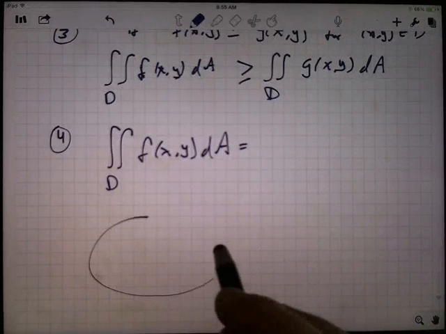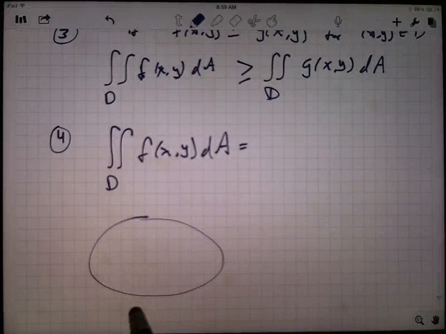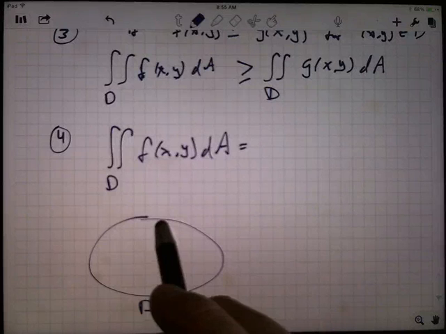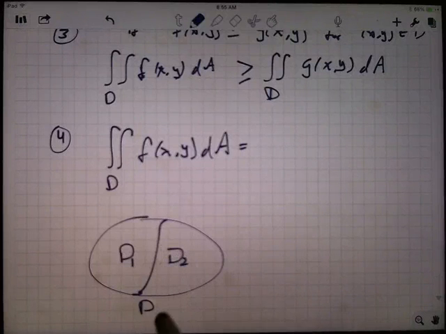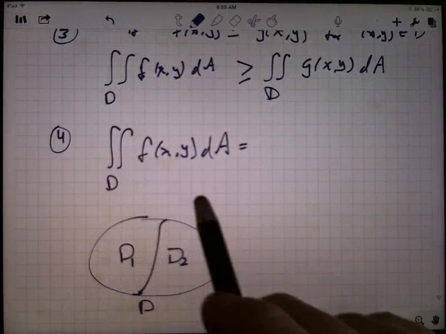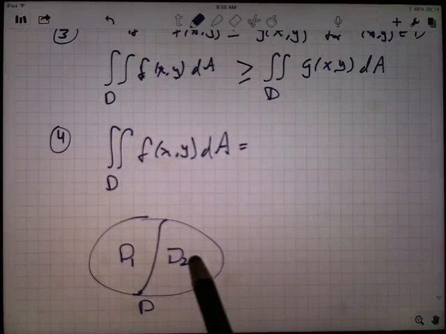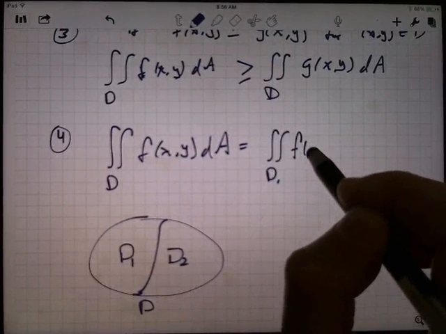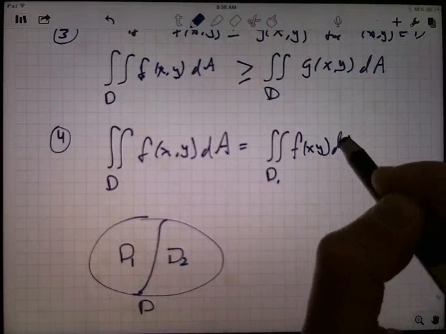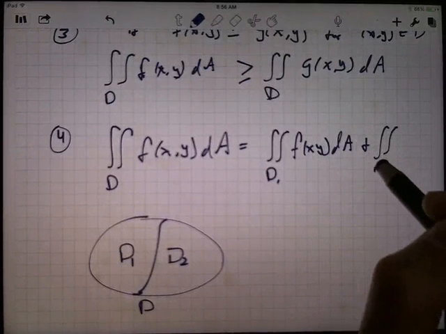I've got my region D here, and I want to split D into two pieces. So there's D1 and D2, okay? And I can integrate over the whole thing, or I can integrate over each part and add the results together.